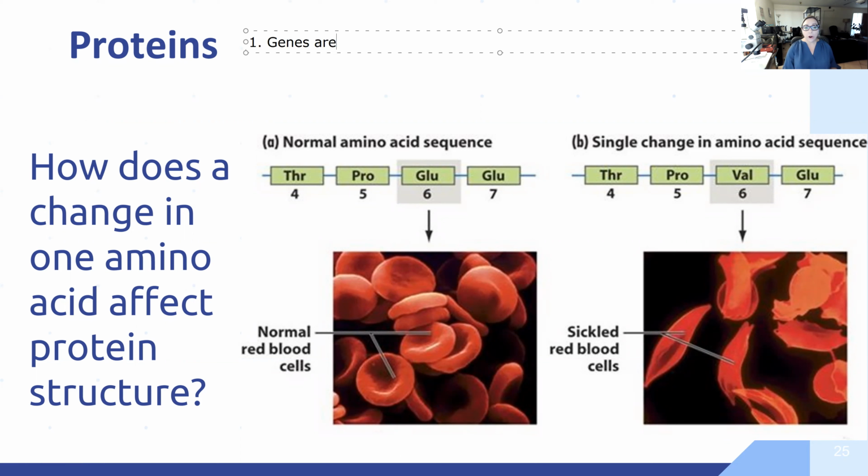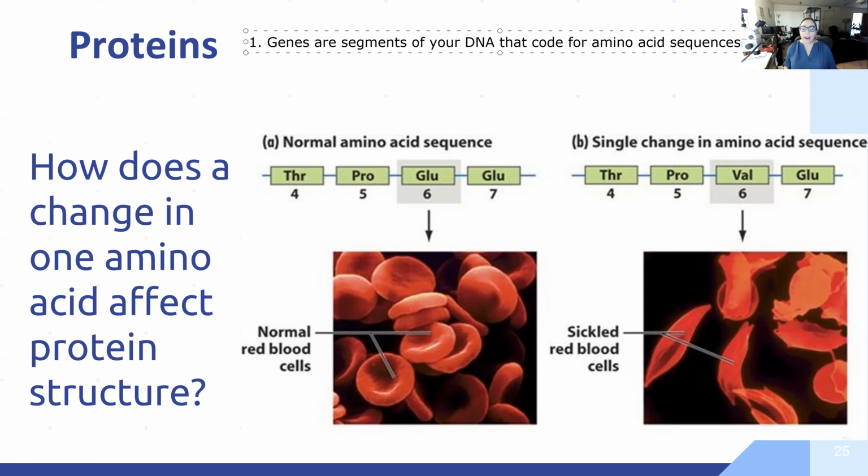So genes are segments of your DNA that code for amino acid sequences. Remember, I think I told you before, about 95% of your DNA does not make up genes. So your genes are only about 5% of your DNA, which is really crazy when you think about it.